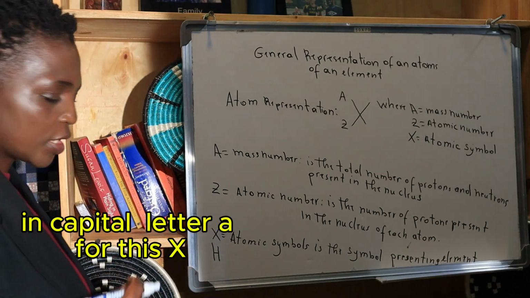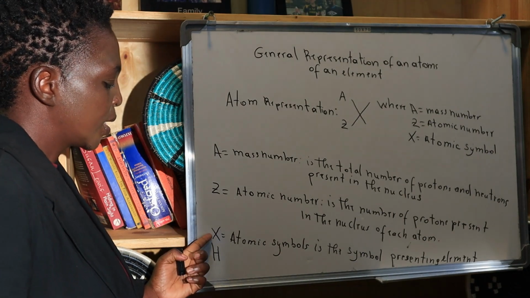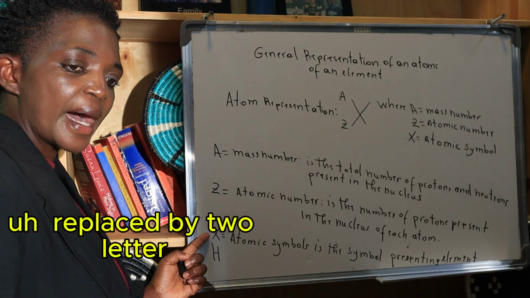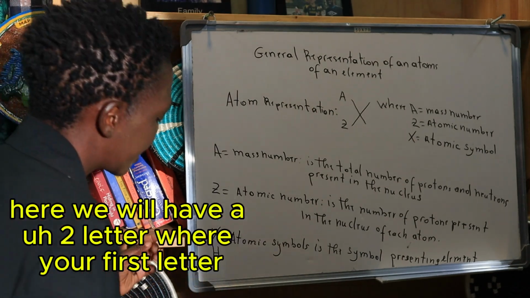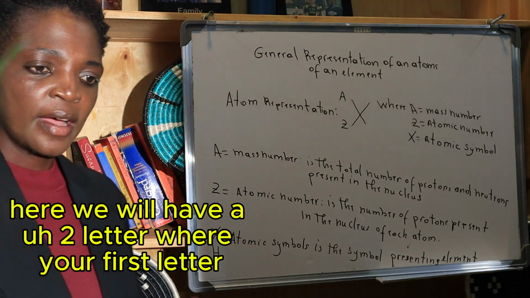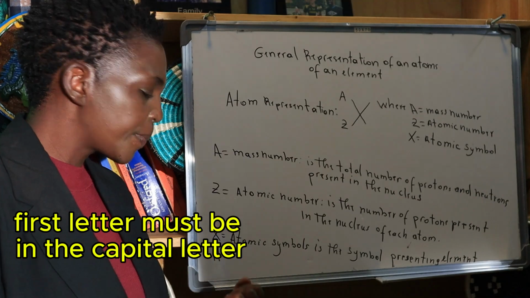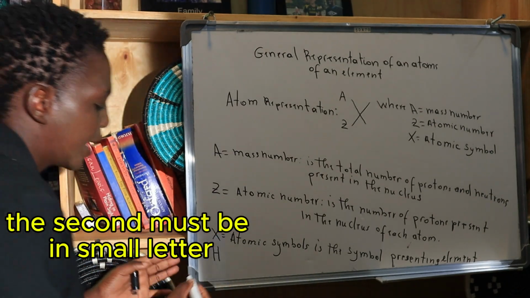If it's two letters, if this X is replaced by an element symbolized by two letters, then the first letter must be a capital letter and the second must be a small letter.